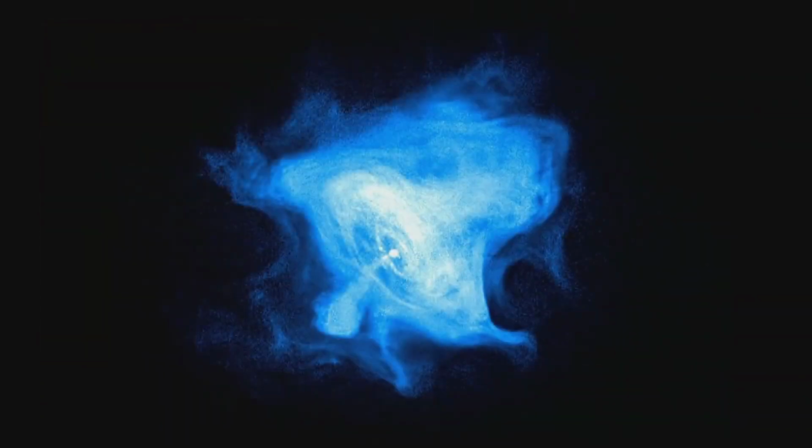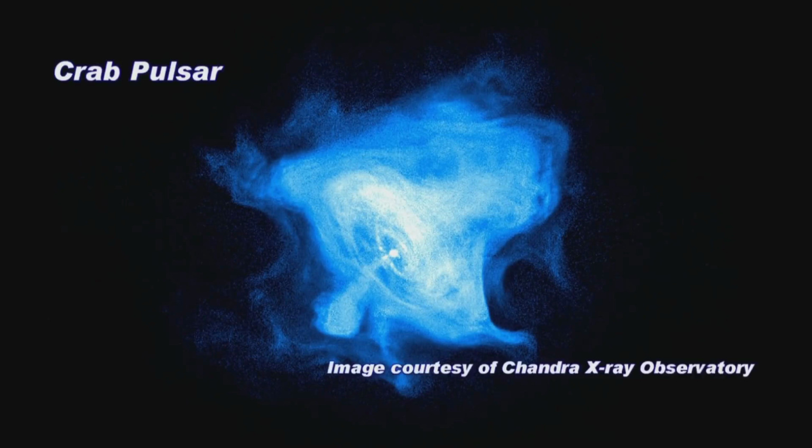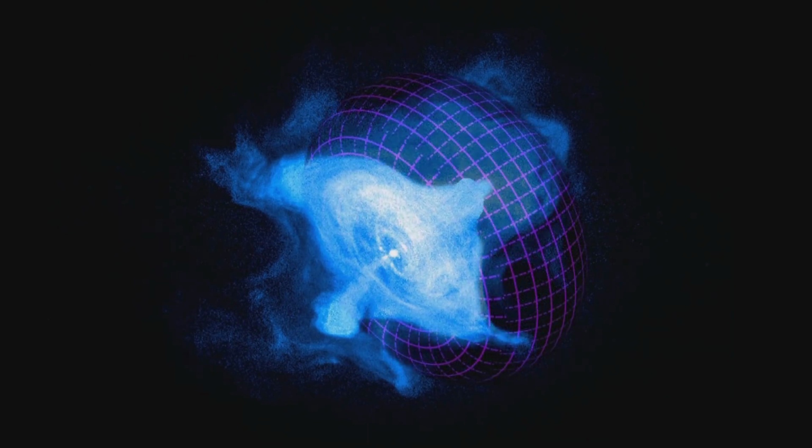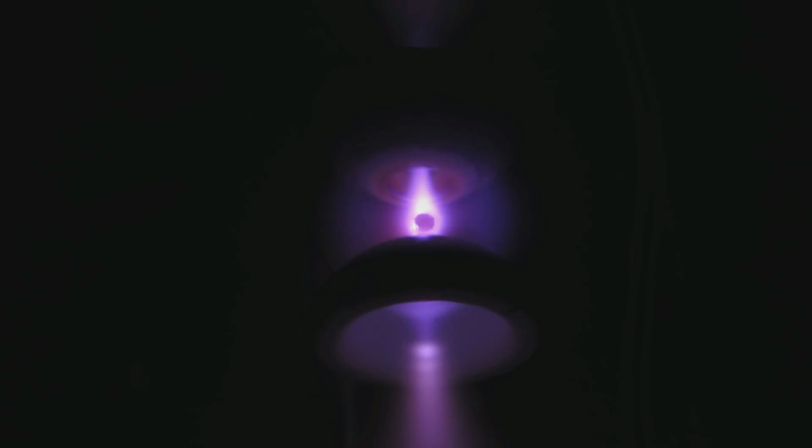As we examine the Crab pulsar, we see that it is also easily explained with a bowl-shaped magnetic field. Here we can see the knot-like pulses that are emitted by the magnetic bowls in the vacuum chamber. Also notice how the plasma is choked down by the choke ring as it flows up into the upper bowl.